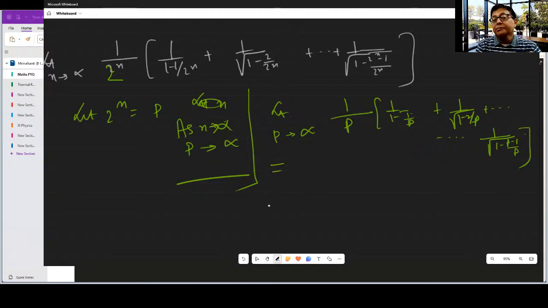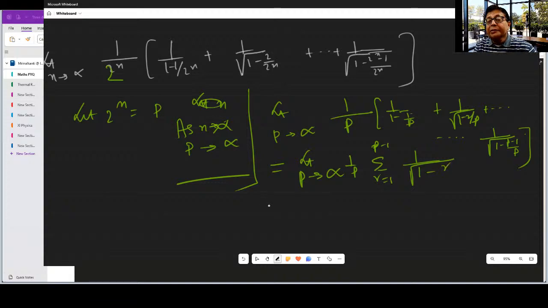You write limit sigma r equal to 1 to p minus 1, 1 by root 1 minus ... That is because tending to infinity, one term less doesn't matter.